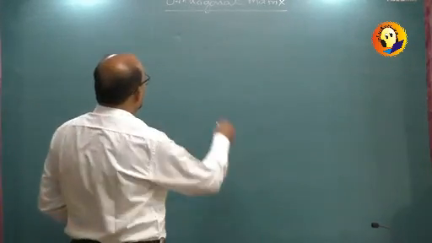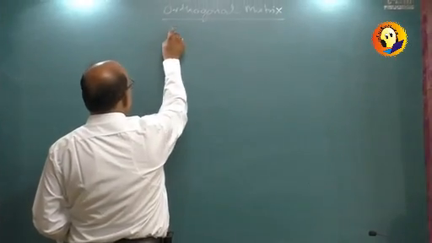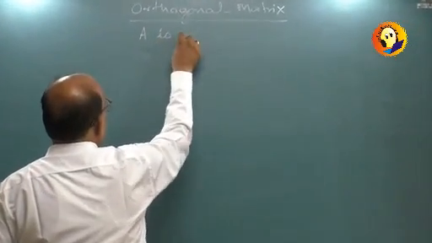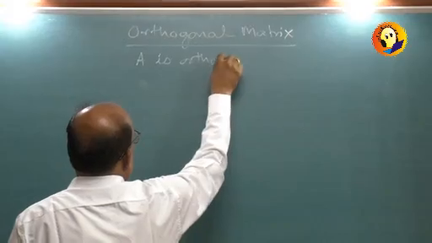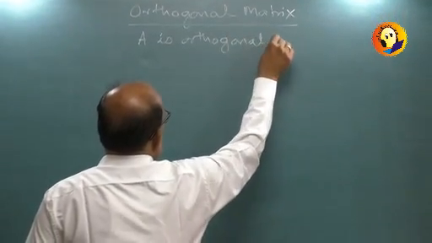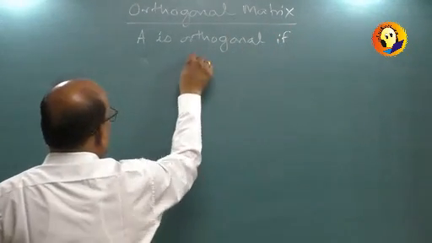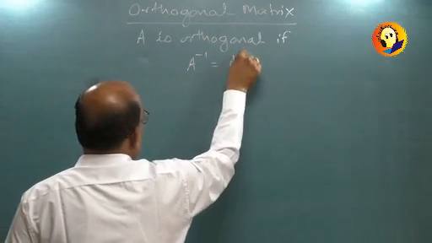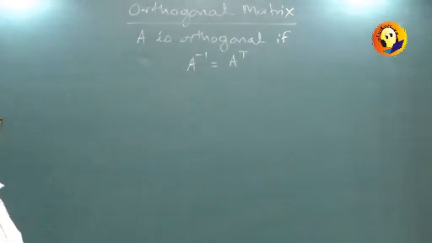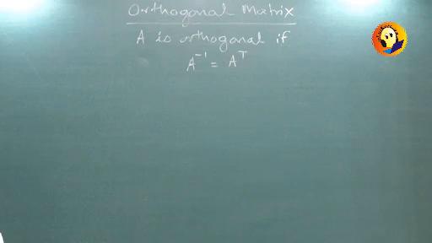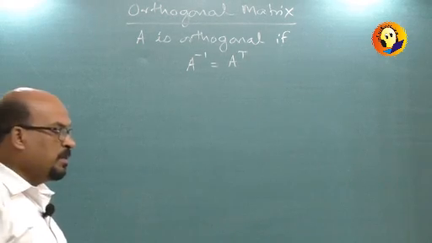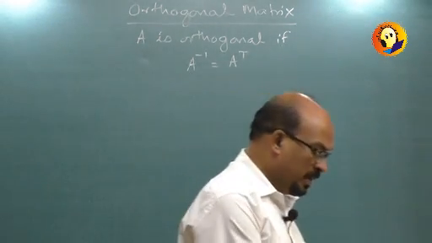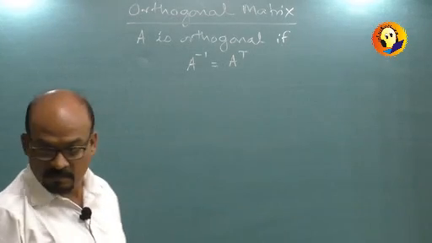So we say that a matrix A is orthogonal if A inverse is equal to A transpose, or A dash. And the problems are just to check whether the matrix is orthogonal, right?